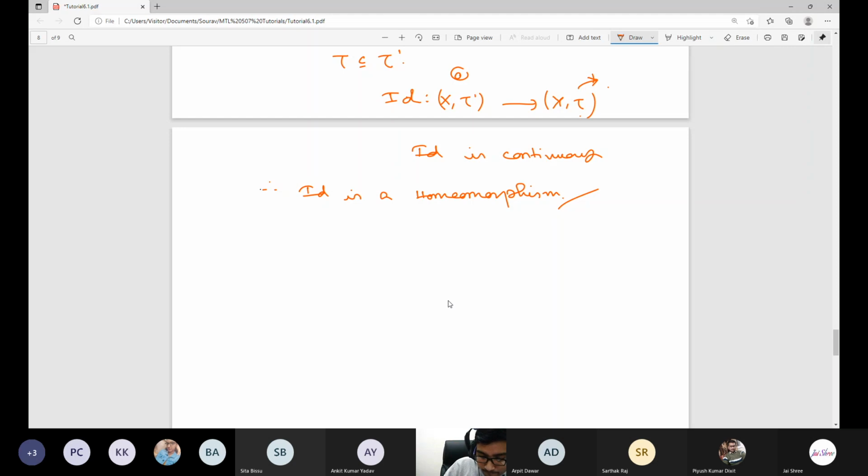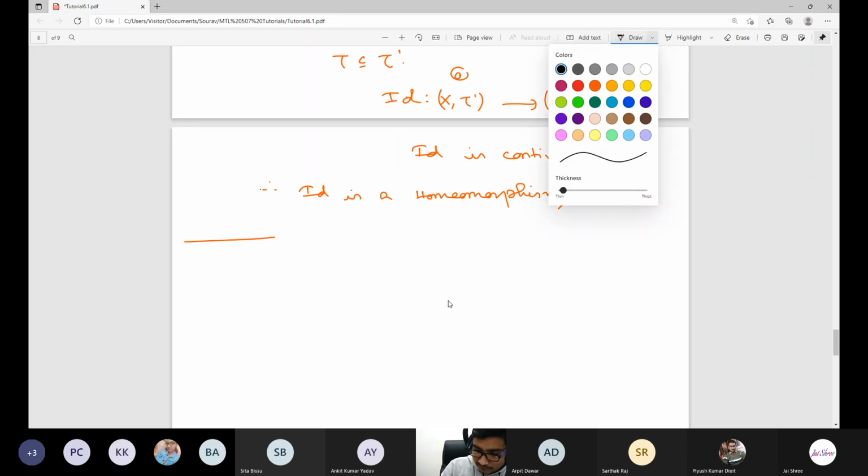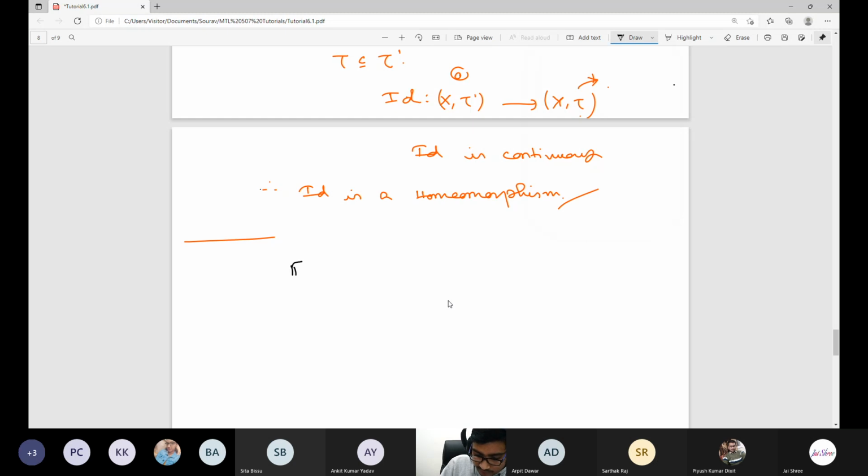Clear? Okay, so tell me one thing. Suppose you have the identity map from R to R. Suppose you have some topology tau 1 here and tau 2 there.